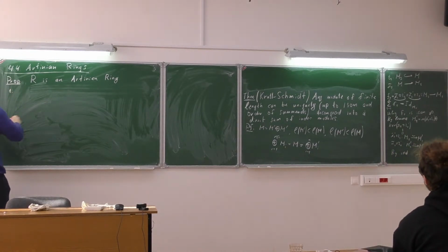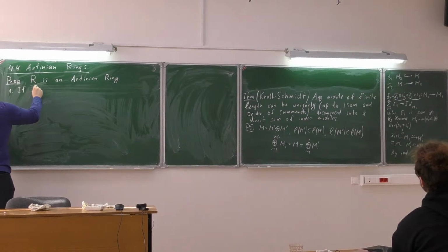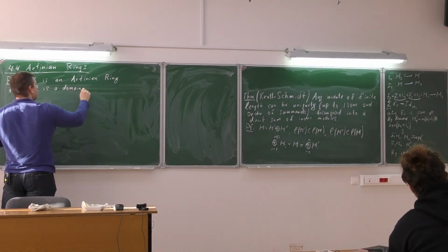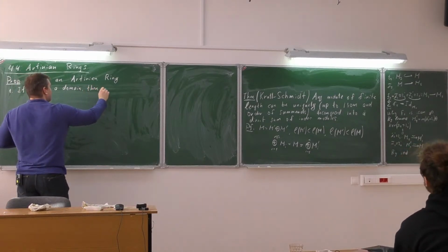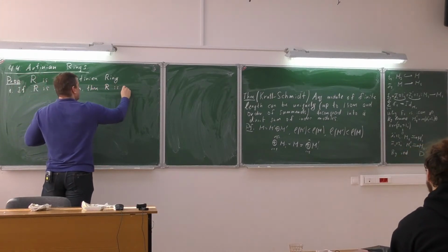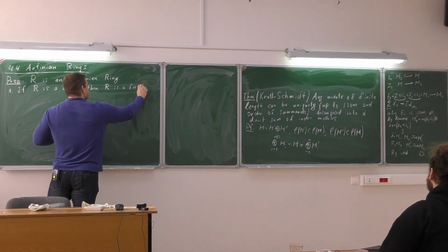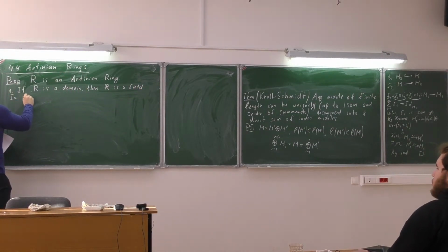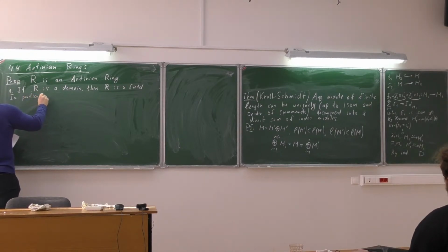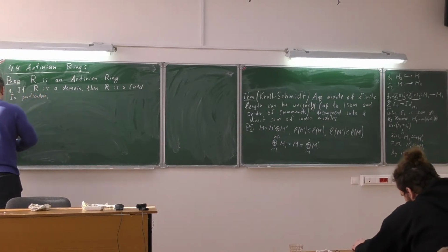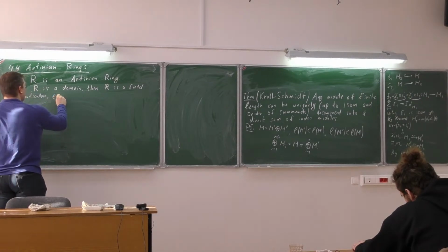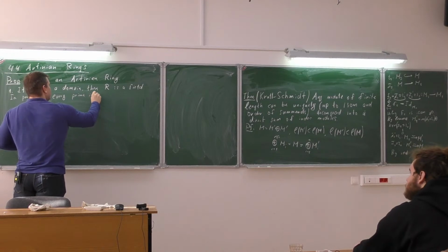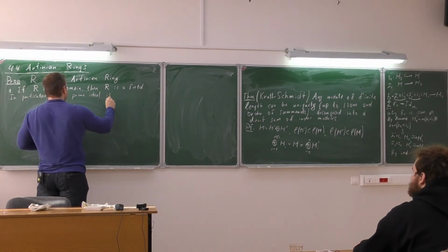So first observation, if R is a domain, then R is a field. So in particular, every prime ideal of an Artinian ring is maximal.